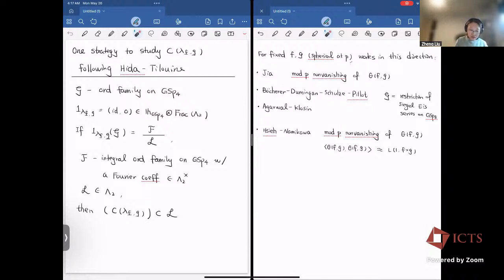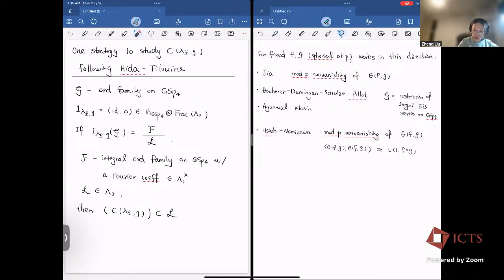And then there is also the work by Shen and Namikawa. What they did is prove non-vanishing of this Yoshida lift under a reasonable condition, and they also computed the numerator. So maybe I should write here.